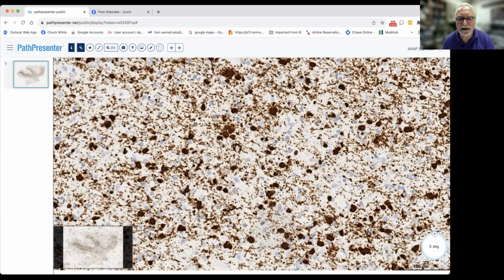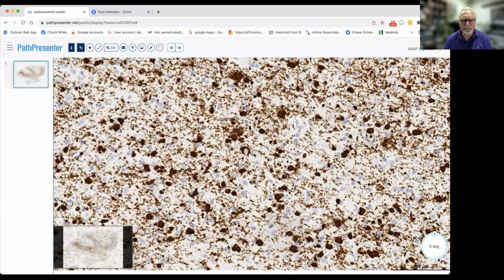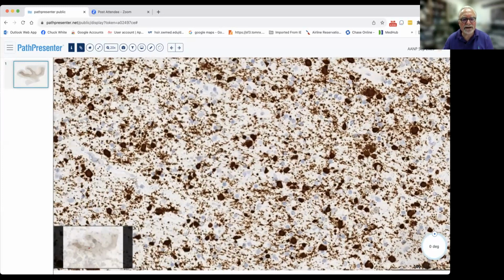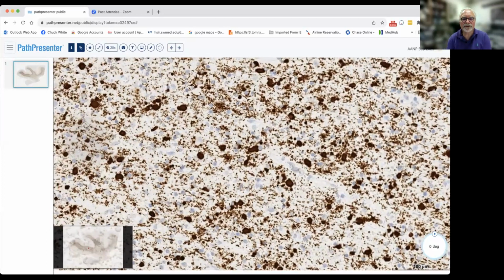I don't have a laser pointer with the path presenter, but there are several other good examples of coiled bodies here. And if you look around, you can see some cells that are a little bit more astrocytic in morphology that have large bulky inclusions, unlike tufted astrocytes of PSP.